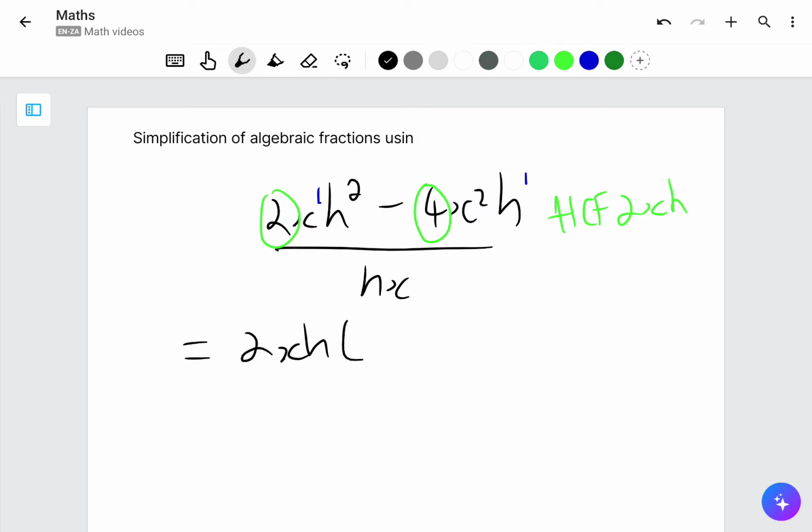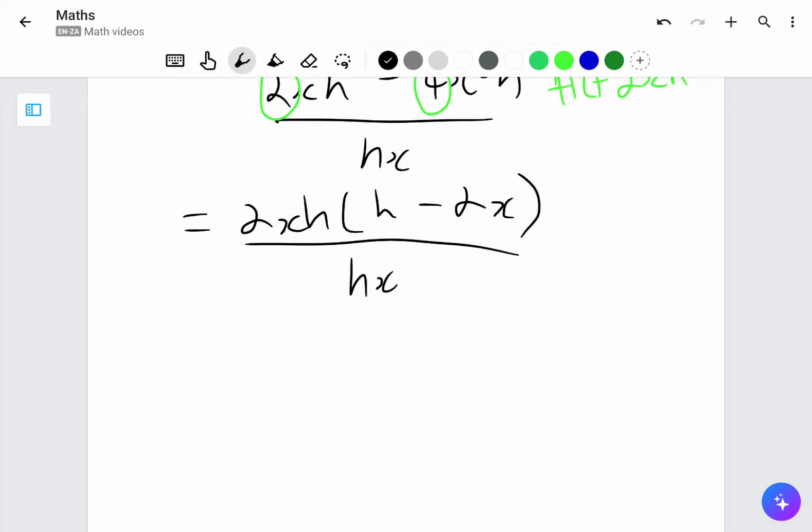So we say 2xh, open bracket. We know 2xh times h will give me 2xh squared, minus 2x, because 2xh times minus 2x will give me a minus 4x squared h. I'm sure you guys can see that, over xh.